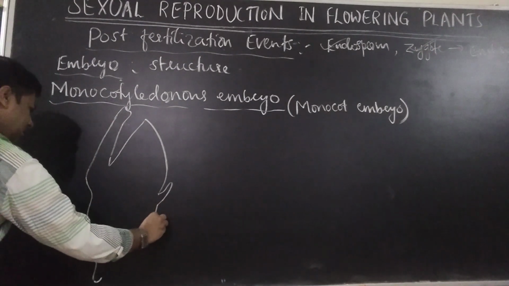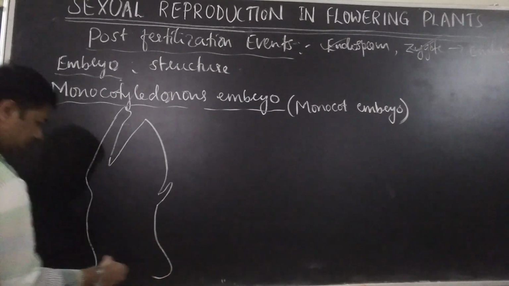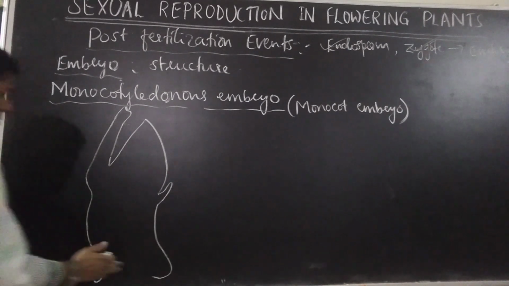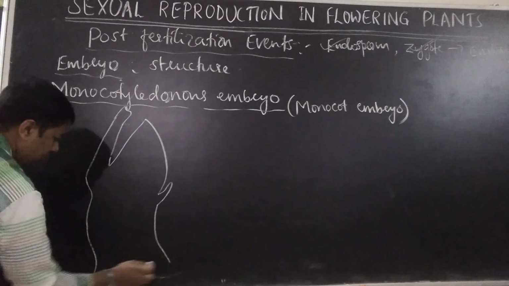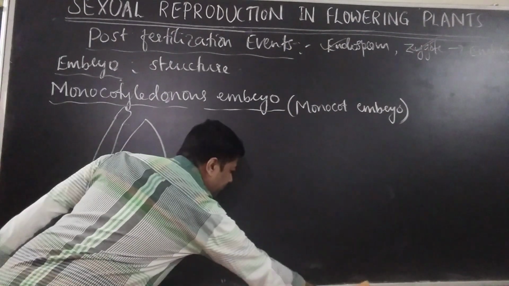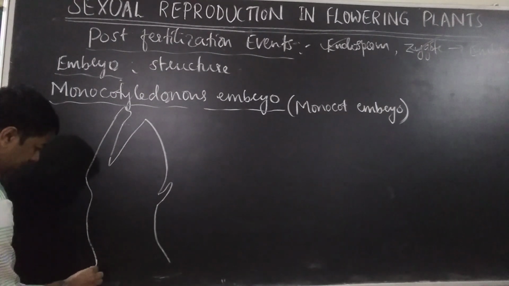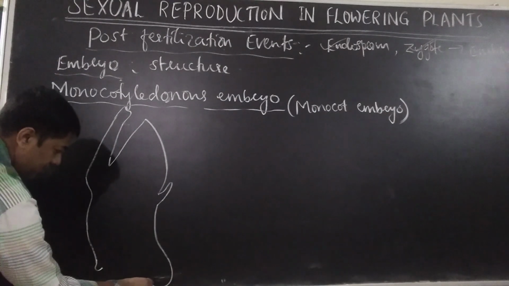Then bring this here and make a small curve like this. You can take it slightly lower also if you want. This will be slightly higher, this will be slightly lower.